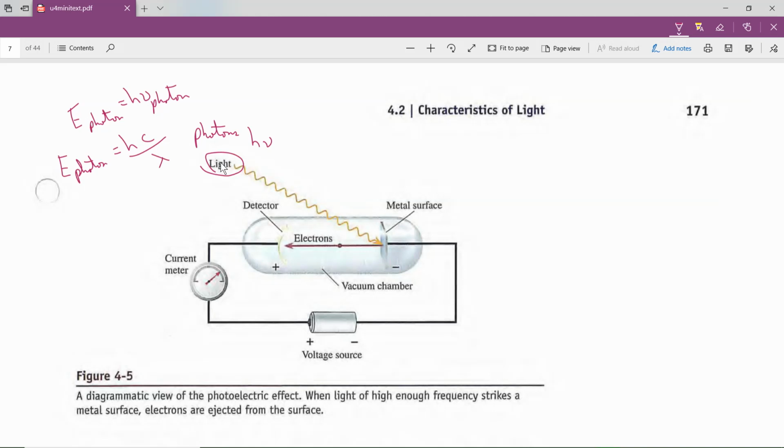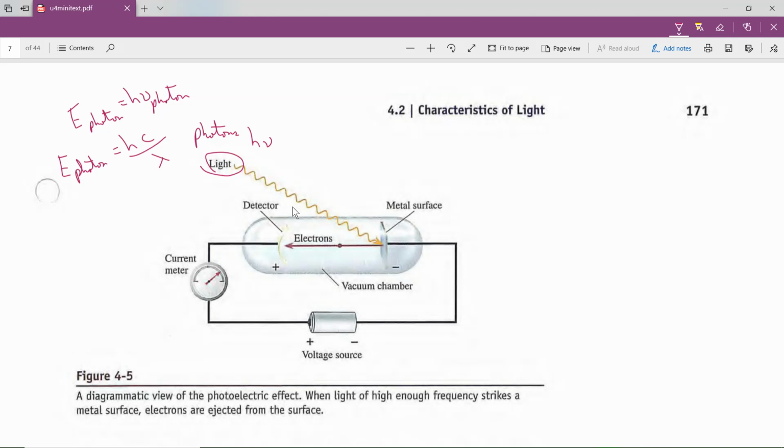So you have a bundle of light coming in, it hits a metal surface, and then electrons are kicked out. Okay? When light of high enough frequency strikes a metal surface, electrons are ejected from that surface. That is known as the photoelectric effect.